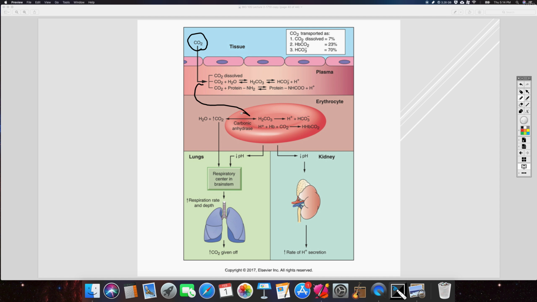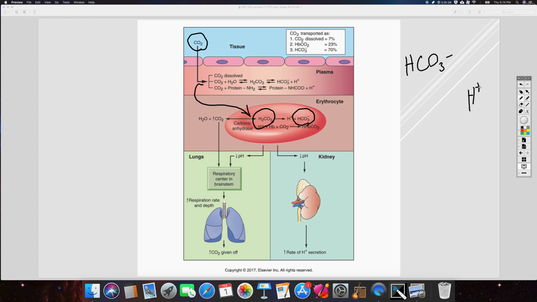70% of it will actually enter red blood cells and undergo this reaction that, along with water, will form carbonic acid and bicarb. Bicarb, remember buffer systems, weak acids and weak bases. Bicarb is the weak base, carbonic acid is the weak acid. And that's what makes them so good, because say you have some acid, H+.